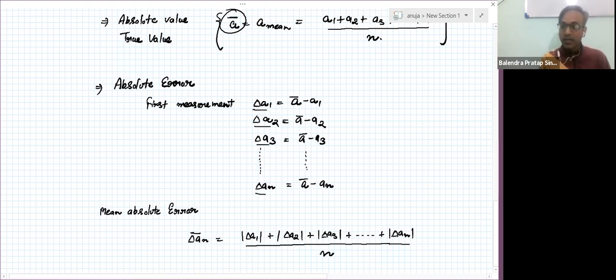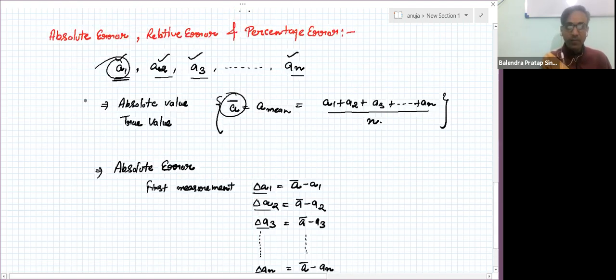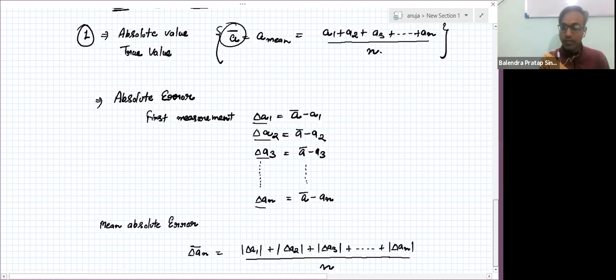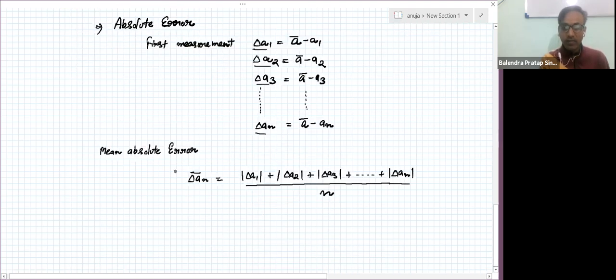The first formula, number 1, is for the absolute value or true value: A bar is equal to A mean, which is the average of all measured values. And this is the formula for absolute error. This is formula number 2.